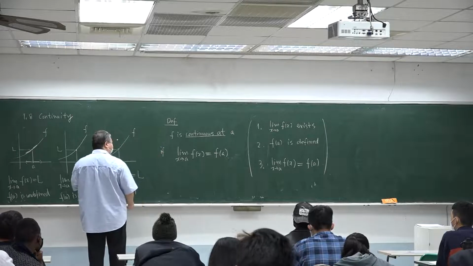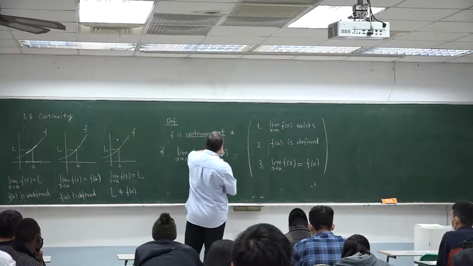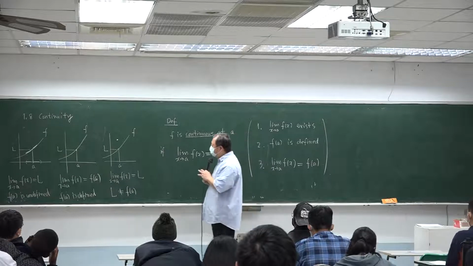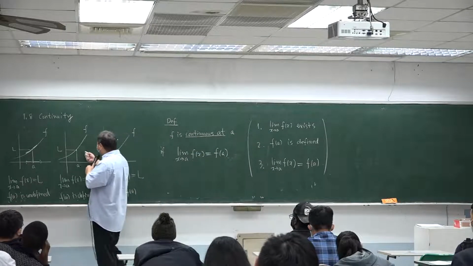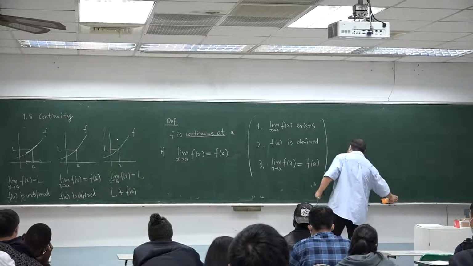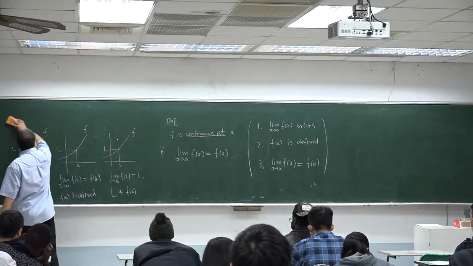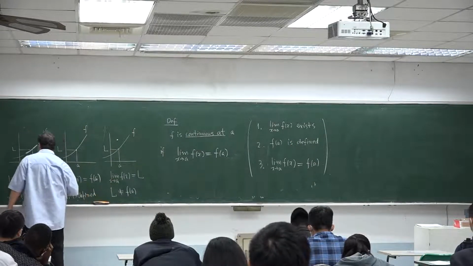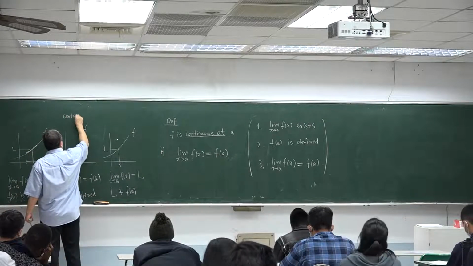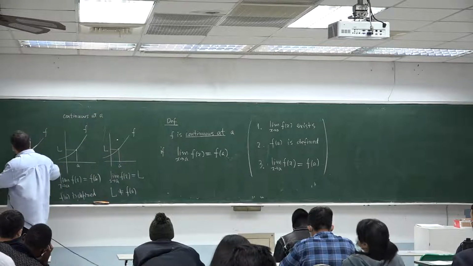In this case, if f is not continuous at A, then we say f is discontinuous at A. Not continuous.